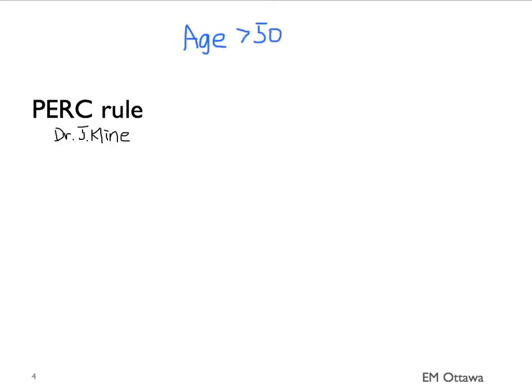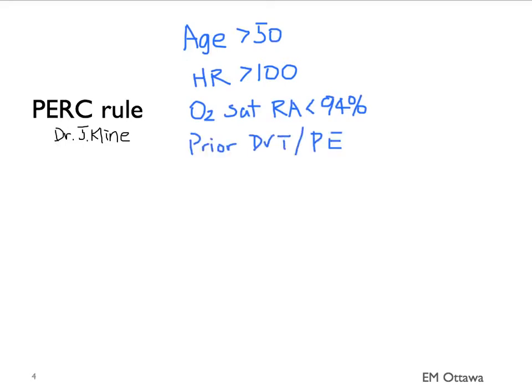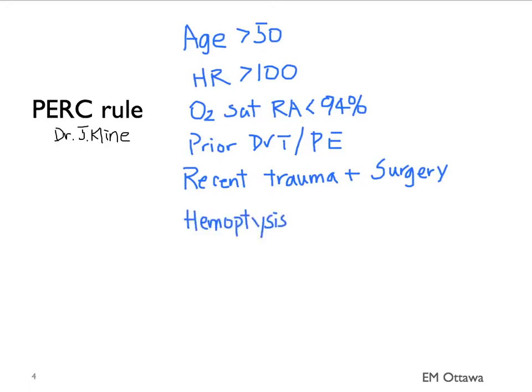They include age, tachycardia, hypoxia at any point, prior DVT or PE, recent trauma or surgery, hemoptysis, exogenous estrogen use, and clinical signs suggesting a DVT.